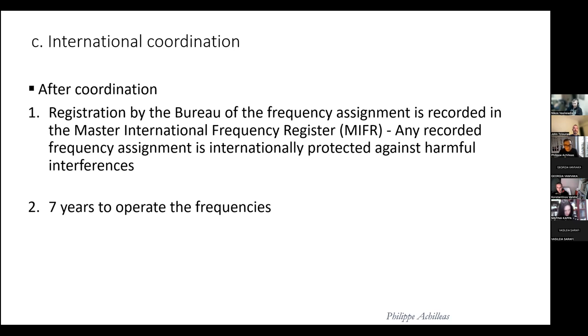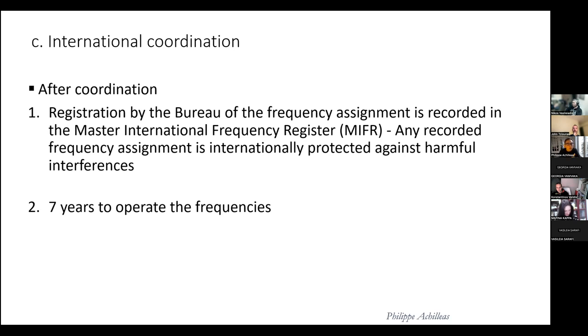The ITU will just check that there is no risk of harmful interferences with existing systems, and if so, it will register the frequency assignments in the international register. As soon as the frequencies are registered at the ITU, they are protected against harmful interferences. So the only way to protect your frequencies internationally against harmful interferences is to register them at the ITU.